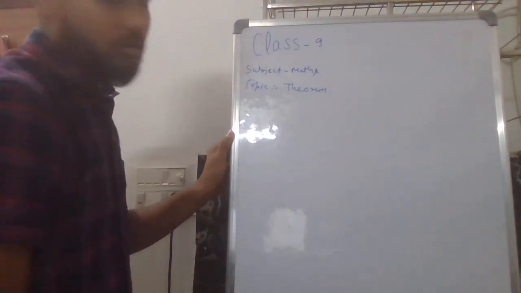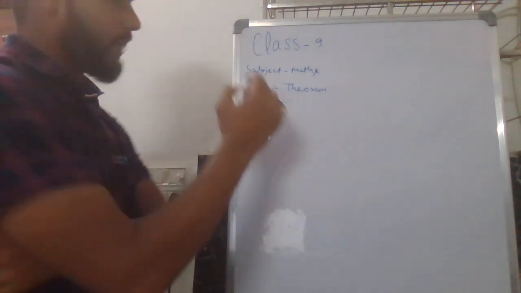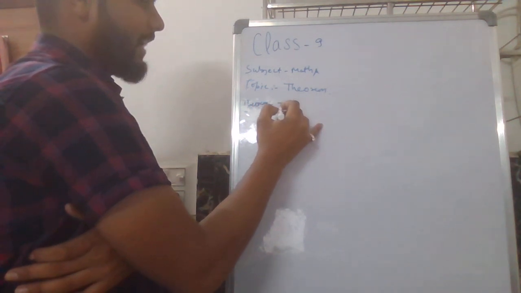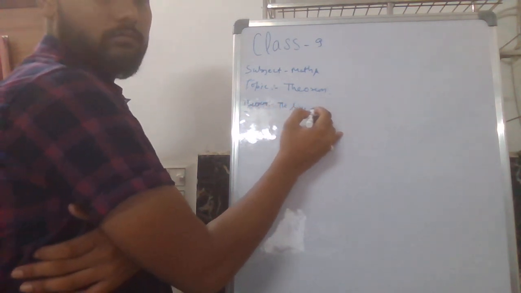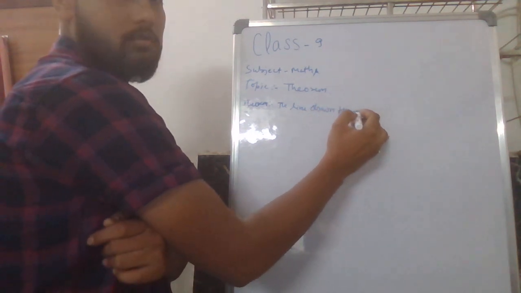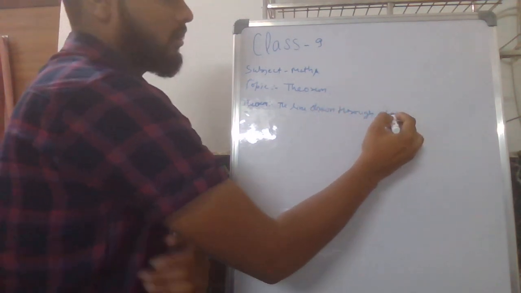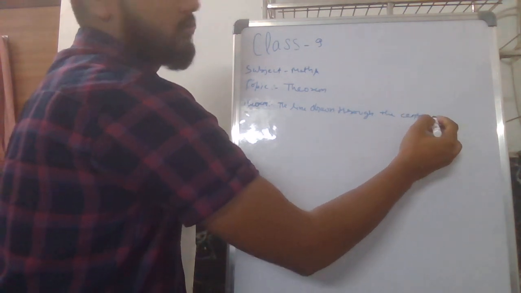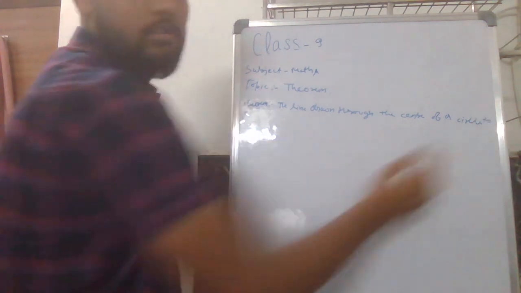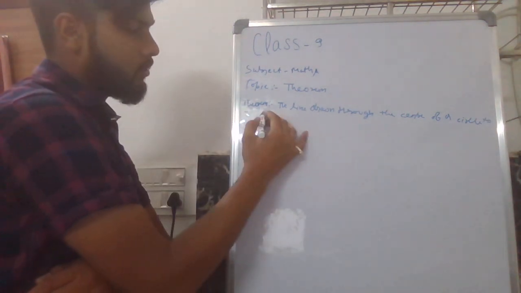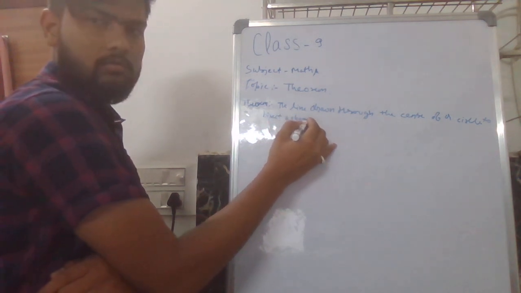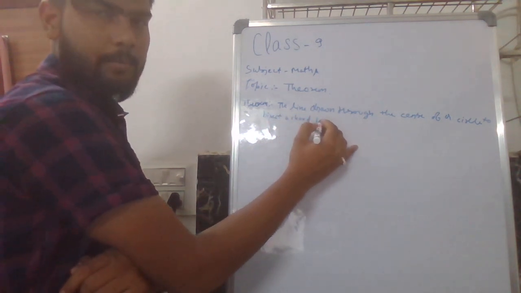Here I will write the theorem: the line drawn through the center of a circle to bisect a chord is perpendicular to the chord.